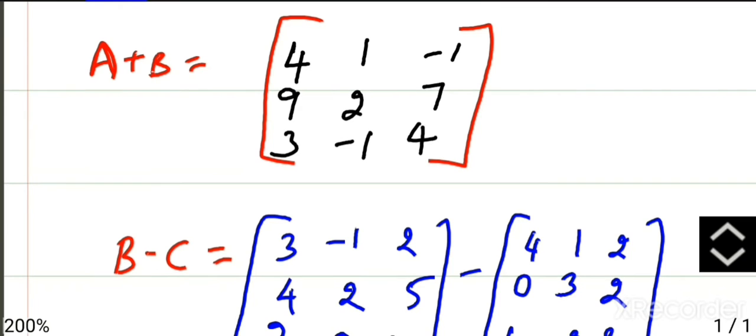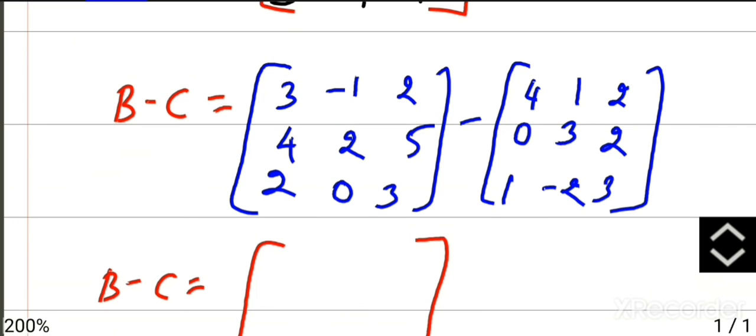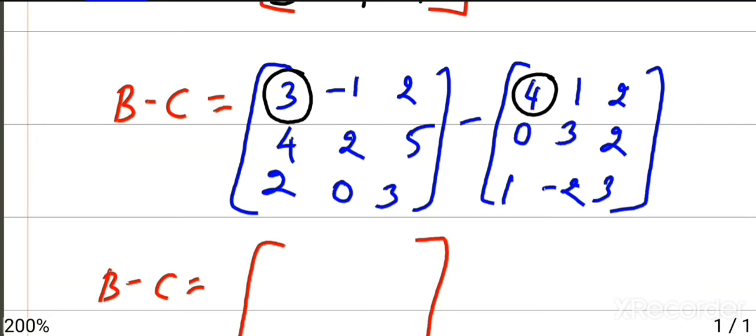Now after finding A plus B, we have to find B minus C. What is B minus C? We have to do subtraction. 3 minus 4 is minus 1. Then minus 1 minus 2 will be minus 3, same sign we should add. Then 2 minus 2 will become 0.